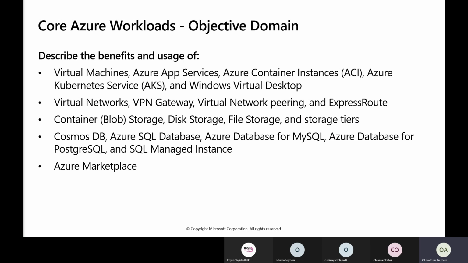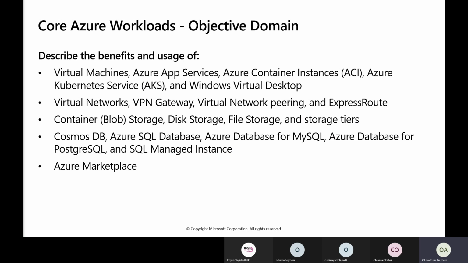So for the compute, we'll be looking at virtual machines, Azure App Service, Azure Container Instance, Kubernetes, then the WVD, Windows Virtual Desktop. For the networking aspect, we'll be looking at virtual networks, VPN gateway, virtual network peering, ExpressRoute.